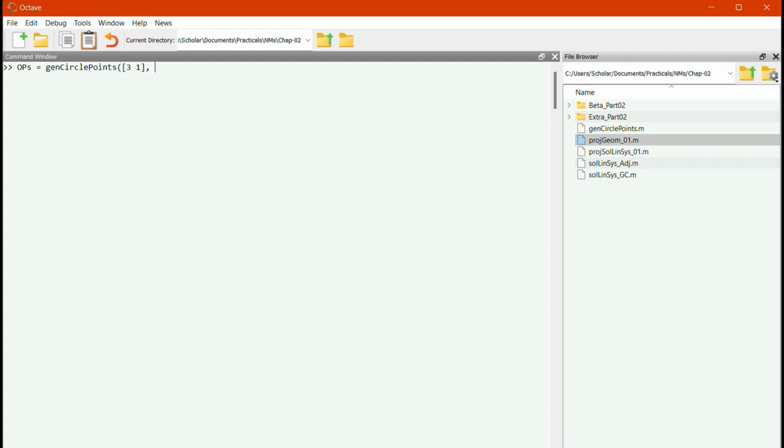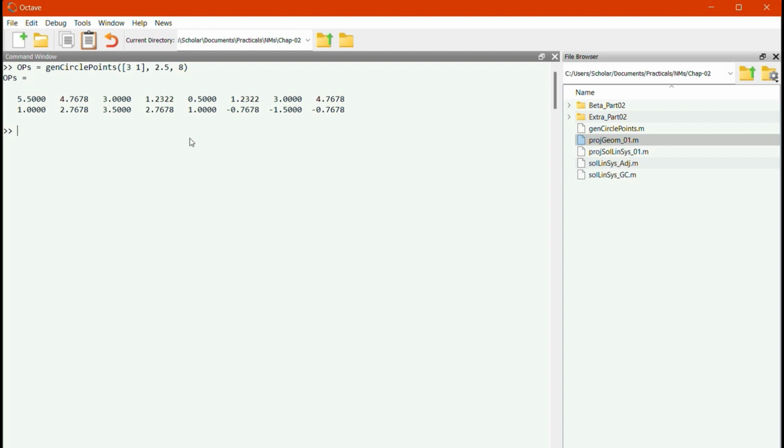And the radius 2.5. For example, you can change, of course, and choose any value you want. And 8 points. And we enter. So we have the matrix here. This is the first point. The x and the y of the first point. The x coordinate and the y coordinate for the second point, and so on. We have 8 points. The points are stored by columns.